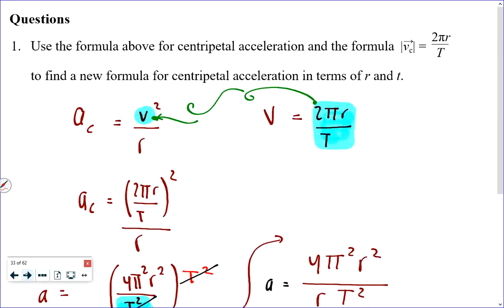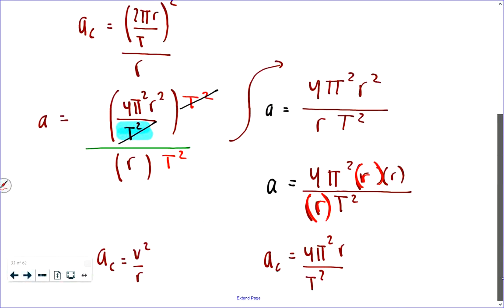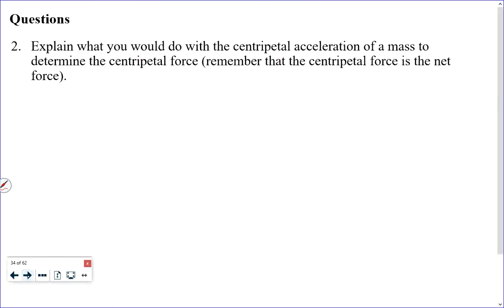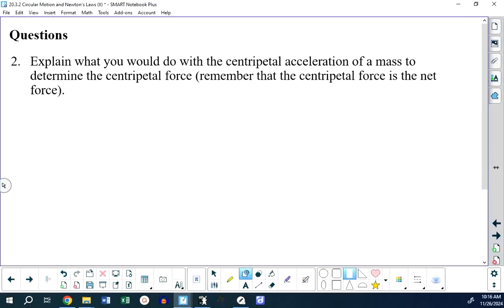Question 1, we've determined now there are 2 formulas we can use to calculate centripetal acceleration. Question 2 says, what would you do with the centripetal acceleration to determine the centripetal force? And I've covered up the hint.